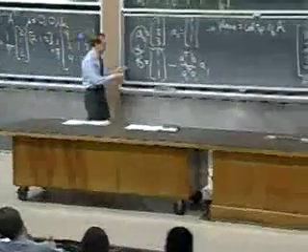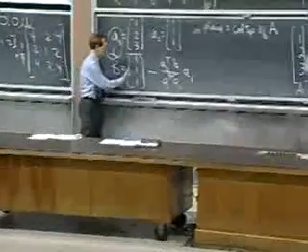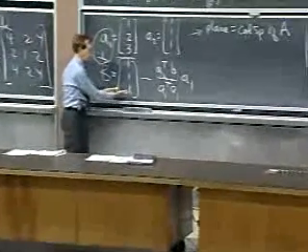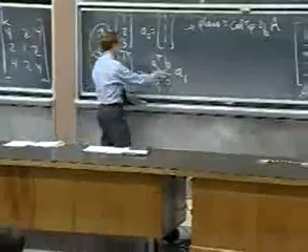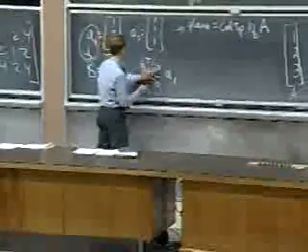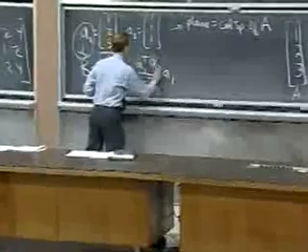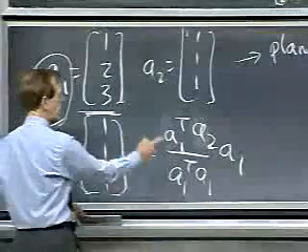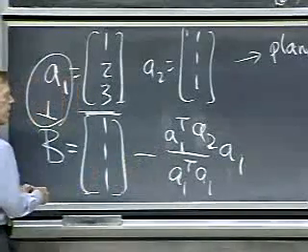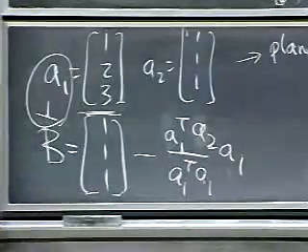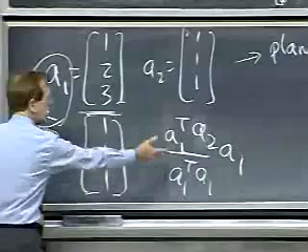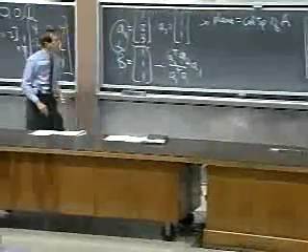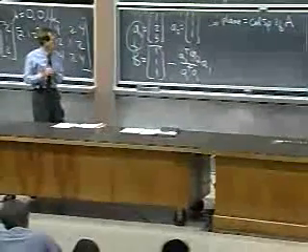It's the original vector minus its projection. I mean this to be A2. So I'm projecting A2 onto the line through A1. That's the part that I don't want because that's in the direction I already have. So I subtract off that projection, and I get the part I want, the orthogonal part.